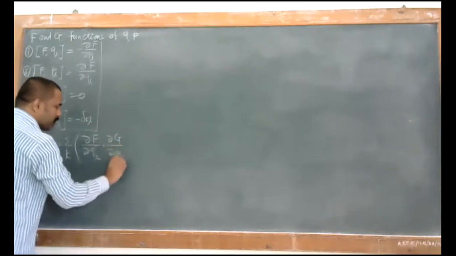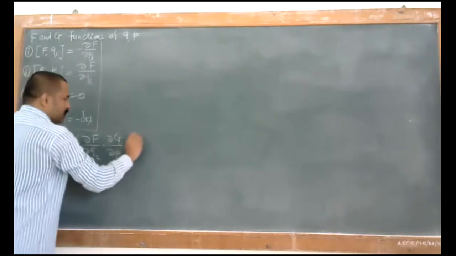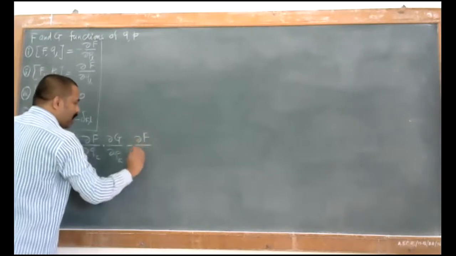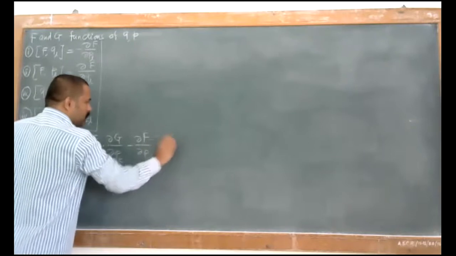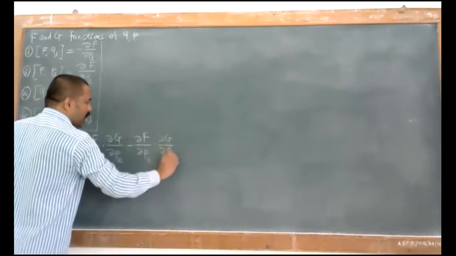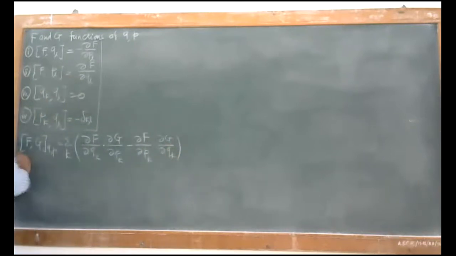So this is the first thing, minus ∂f/∂pk into ∂g/∂qk. So this is the condition. So we have that point such that the Poisson bracket can be written in this form.